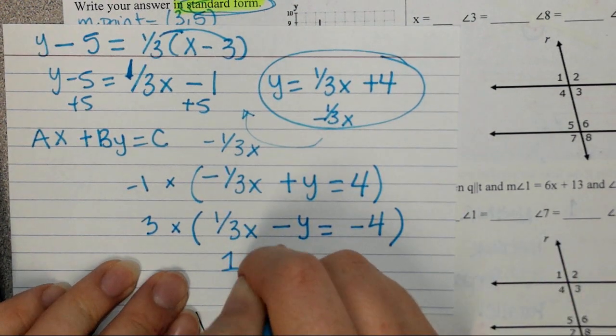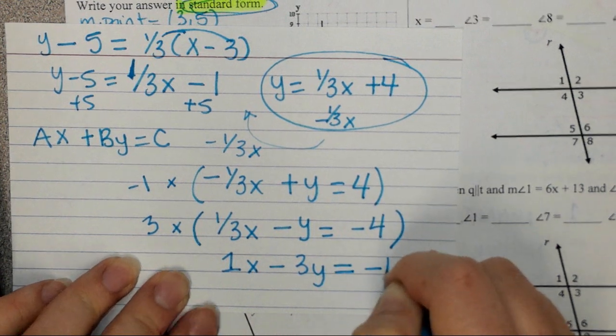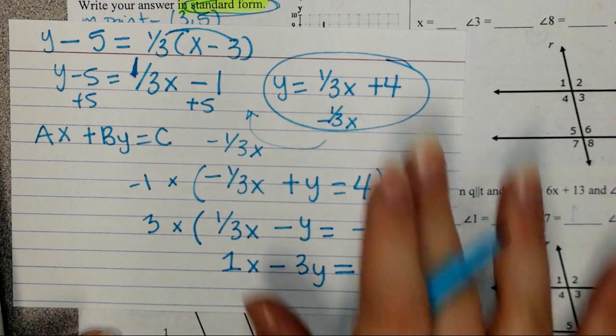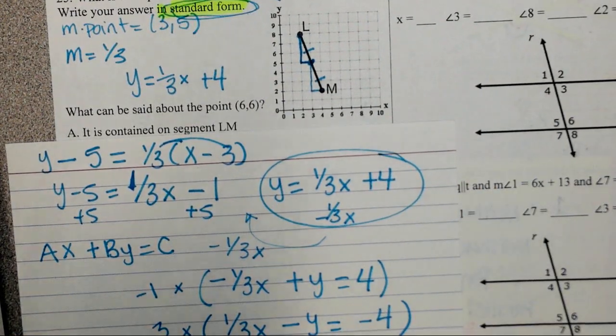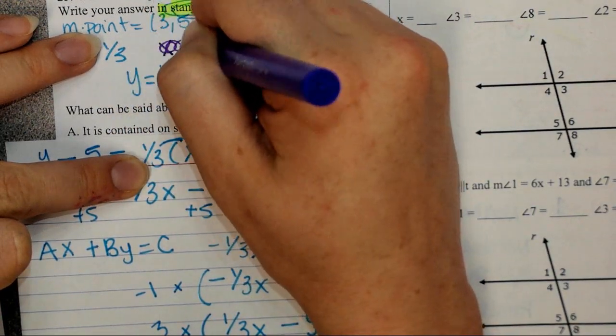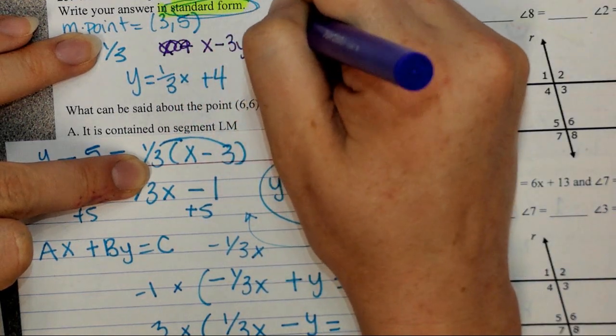So this becomes 1x minus 3y equals negative 12. Okay, and that's my final equation in standard form. So I don't have much room here, but it would be x minus 3y equals negative 12.